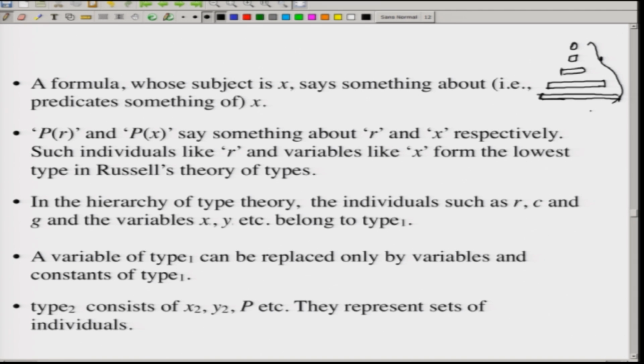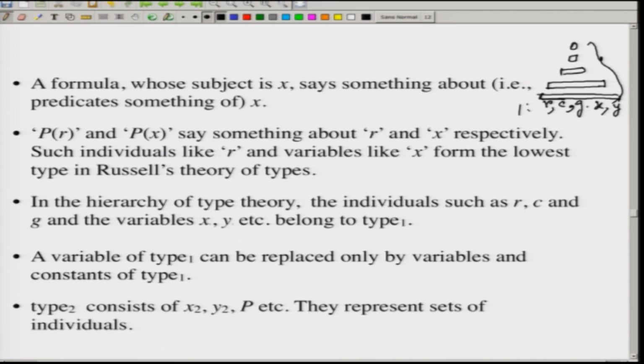So, the lowest level you find R. These are all individual variables and also individual constants, they belong to type 1. And a variable of type 1 can be replaced only by variables and constants of type 1, that is a rule, we will see that in detail.